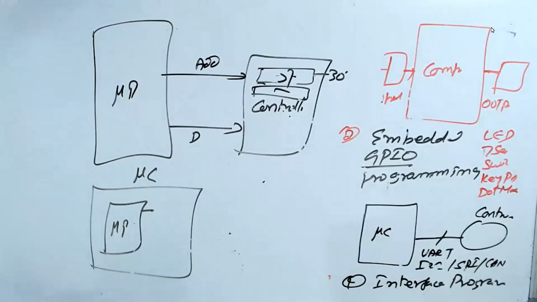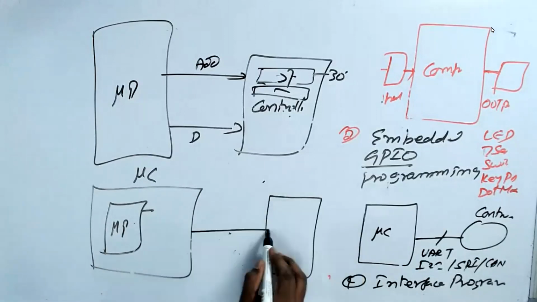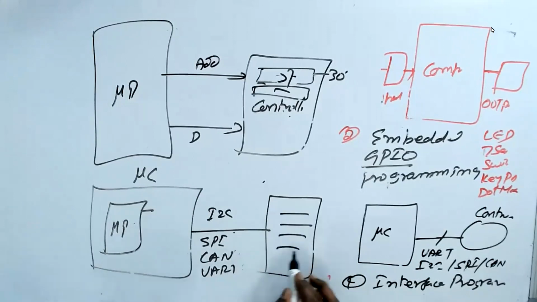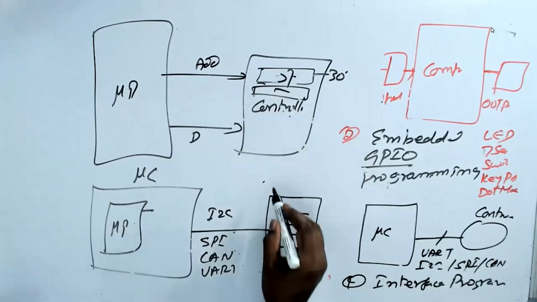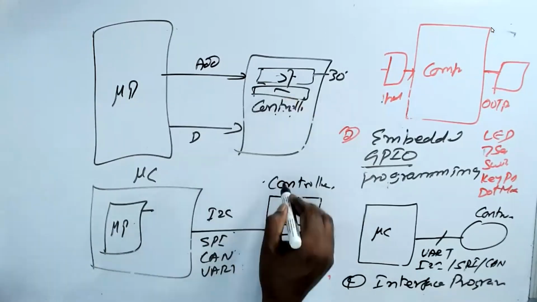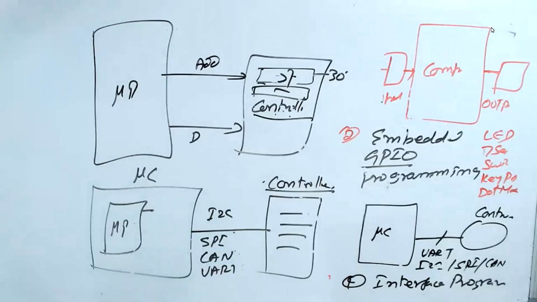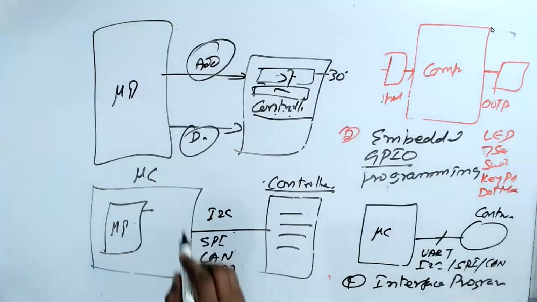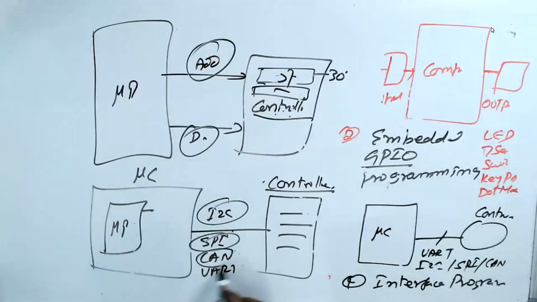At that time, people use serial buses, I2C or SPI or CAN and UART, to write into the register. But the functionality is the same. There is no difference between the controllers, please don't get confused, they are the same controllers. But how you access a register is different. In one case, you write directly. In the other case, you access through a separate bus.